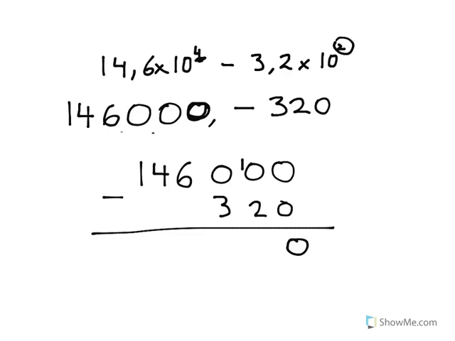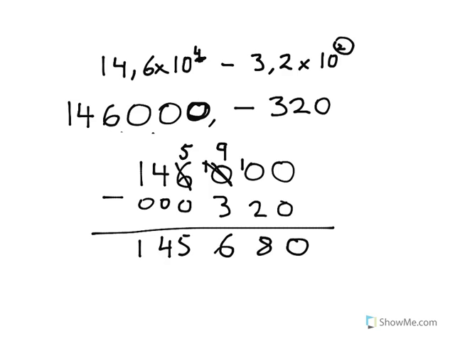We've got nothing to borrow from, so we have to go all the way back and borrow from the 6. This gives us 1 here to the 10, but we need to borrow 1, so that turns this 10 into a 9. So 10 take away 2 will give us 8. 9 minus 3 will give us 6. And 5 minus, and then here there's all zeros. There's nothing here. So we will get 145.